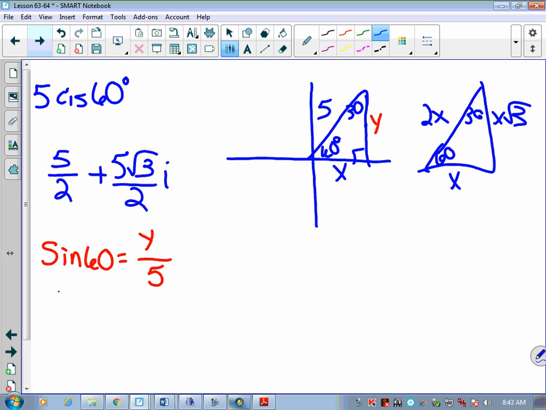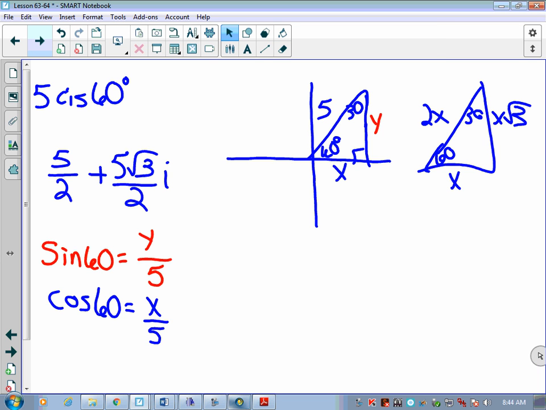So cosine 60 equals x over 5, so 5 cosine 60 should come out to that 5 halves. So that's actually a better place to start from, getting that x value. Once I see something where I have a firm fraction or decimal, then I can go based upon that. Okay? All right. So that was 4.